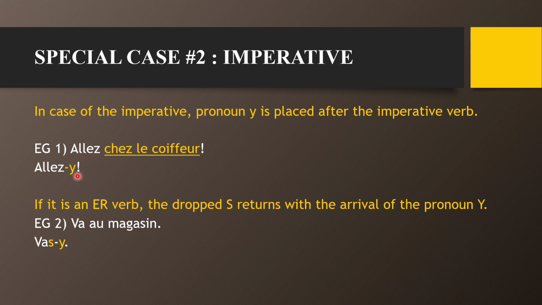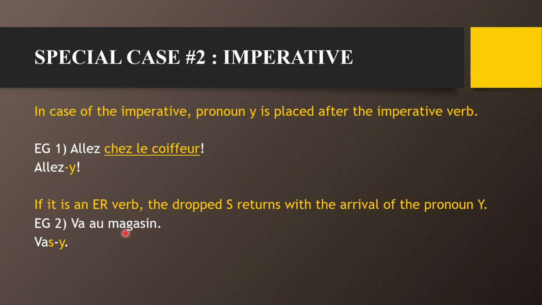Okay. And in the doubly special case, if it is an ER verb that you have in the imperative, the rule in the imperative is that the ER verbs drop their S in the tu form. So when you are replacing any place with Y in the imperative for an ER verb in the tu form, the S which you had initially dropped returns when you replace with the pronoun Y. So va au magasin is go to the shop.